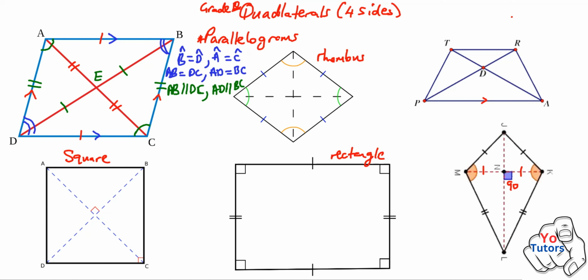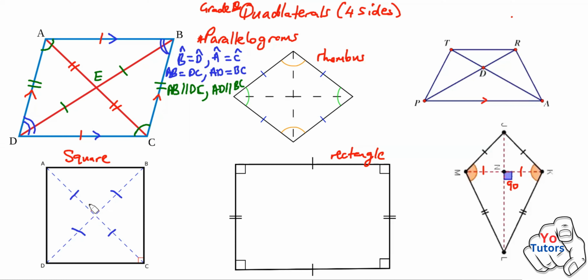A square is a parallelogram, but what is additional to that is that the diagonals bisect each other, and they are also equal.